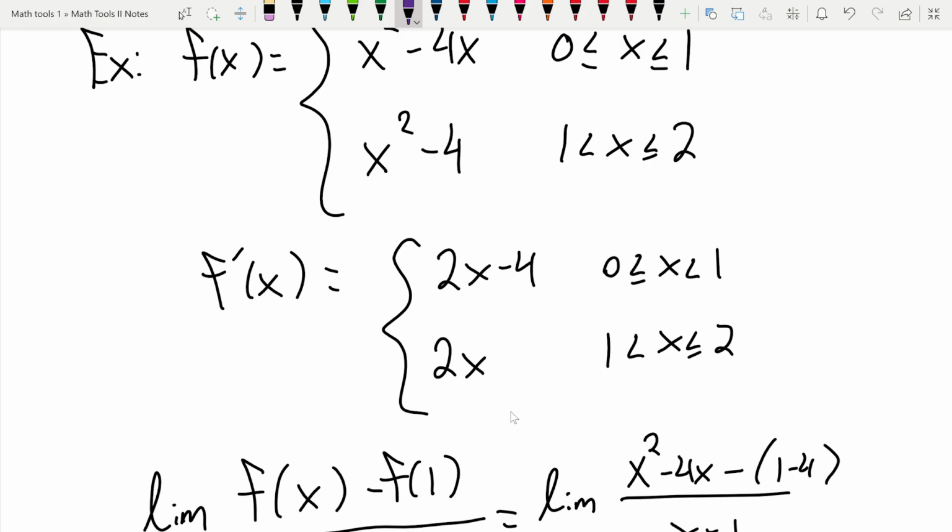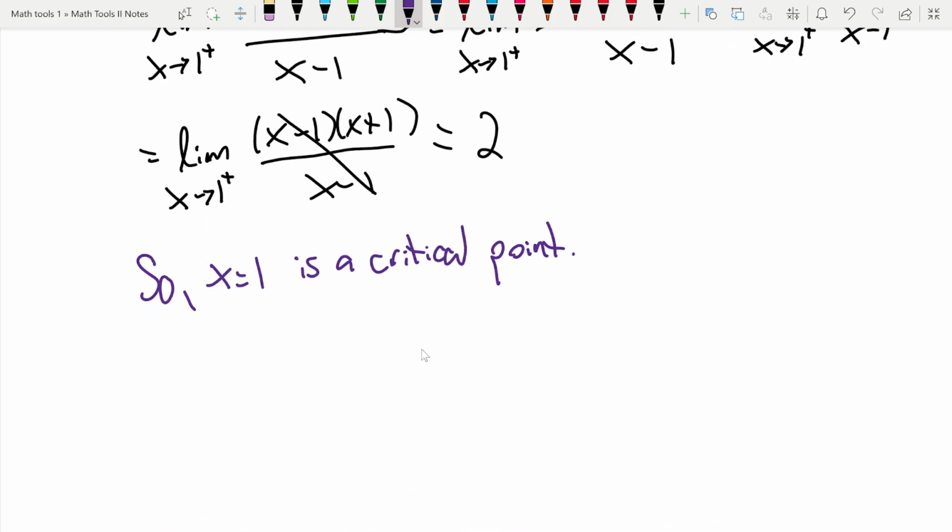I don't think that they will, because 2x equals 0 gives x equals 0, which is not in this interval. And 2x minus 4 would be equal to 0 at x equals 2, and that's not in this range. So it looks like the only critical point of this function is going to be x equals 1, because the derivative does not exist there, meaning it's undefined.